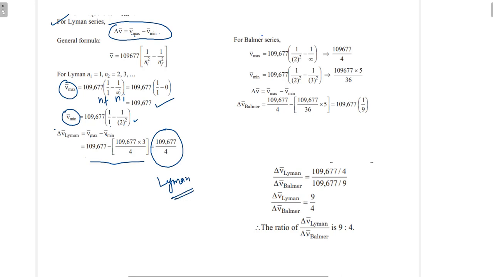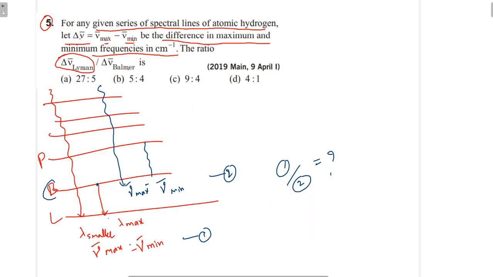Similarly, Balmer series also you have to do. When we are taking maximum, maximum means it is coming from the infinity to second level. Just put the values, you are getting this value. Minimum, minimum means, you can see again, we are talking Balmer series में minimum. See, this is the Balmer series.